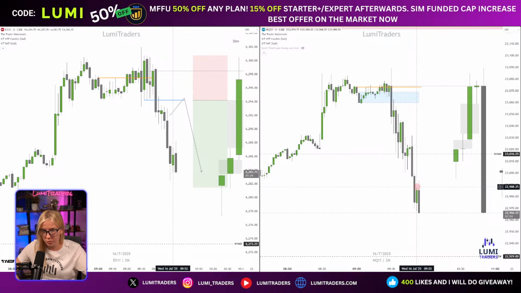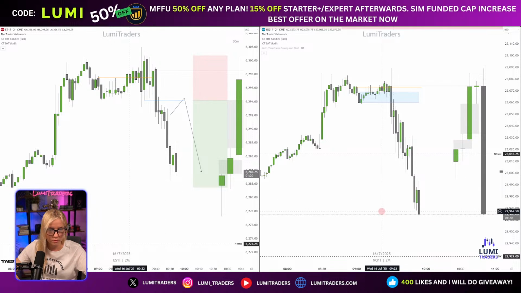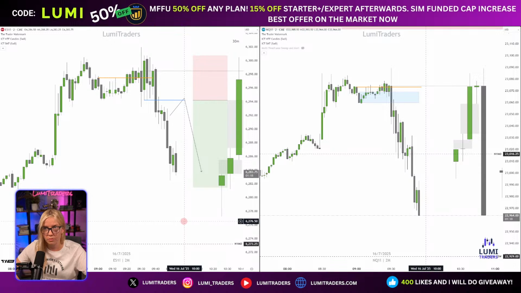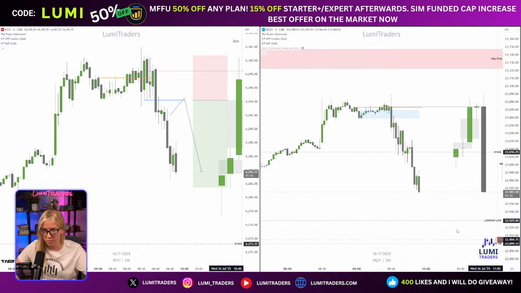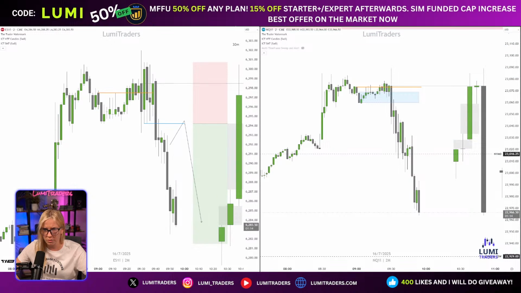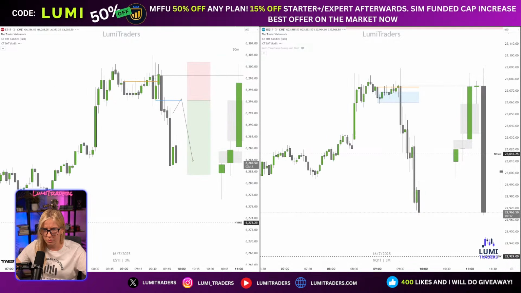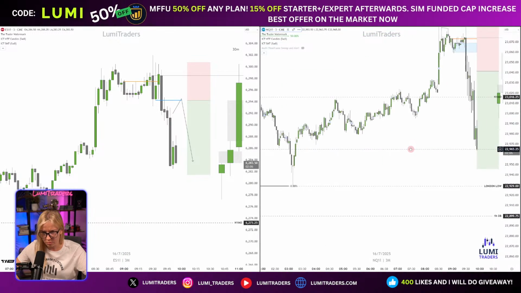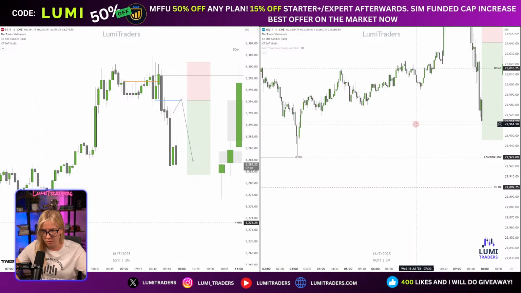So rejection from the fair value gap, potential OB over here. Not yet. But I believe it just offered 2R, right? Let's see. Not yet. 2R is going to be at 46, right above the London low.